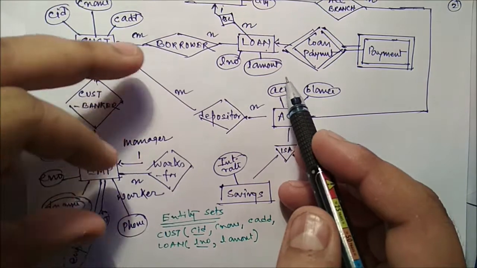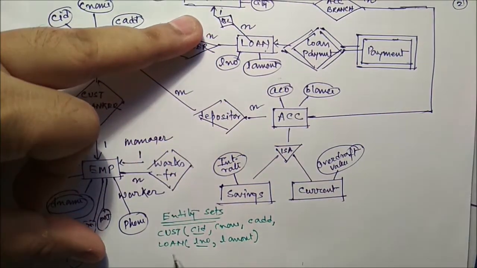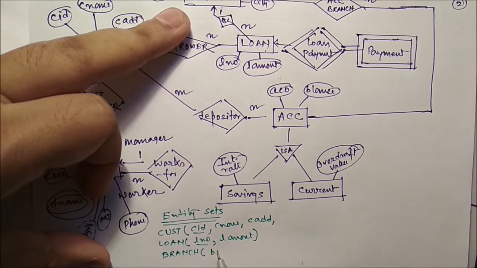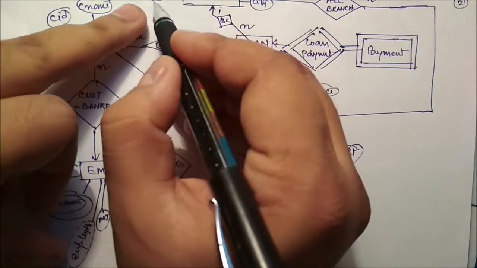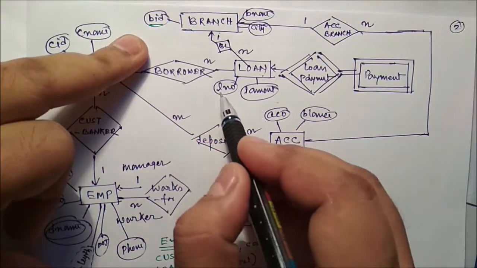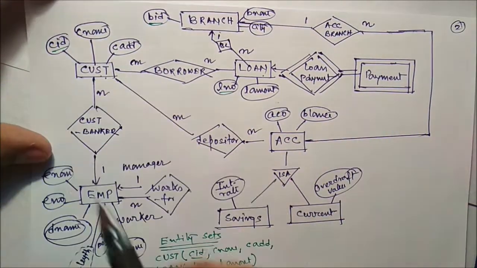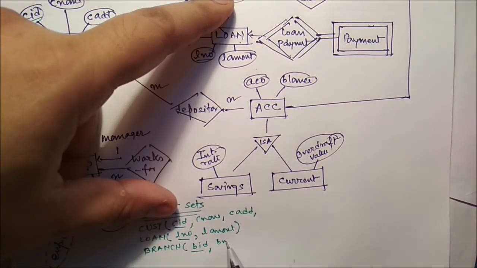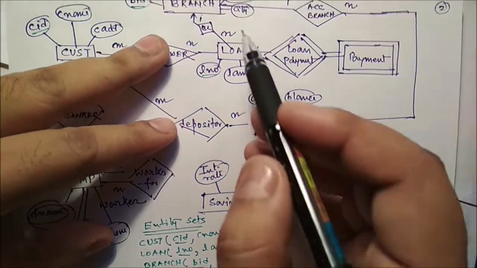Now next, if it is a branch, it should have a branch ID, which should be the primary key. So branch ID should be the primary key, loan number should be the primary key, and customer ID should be the primary key. Then branch name and city. Are you getting this one?